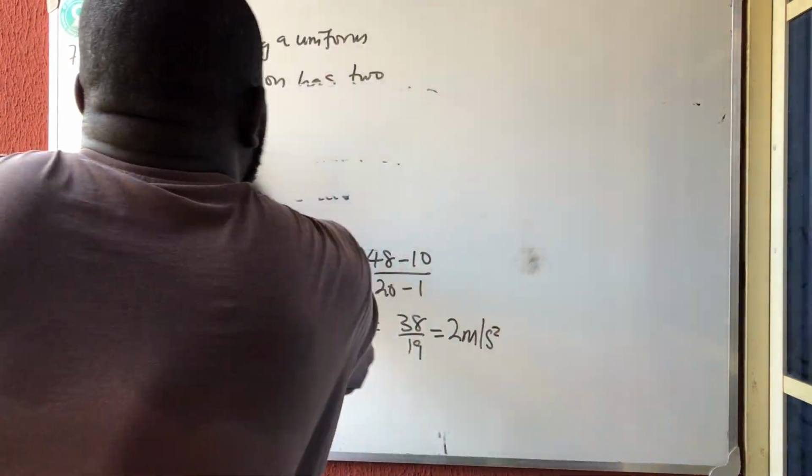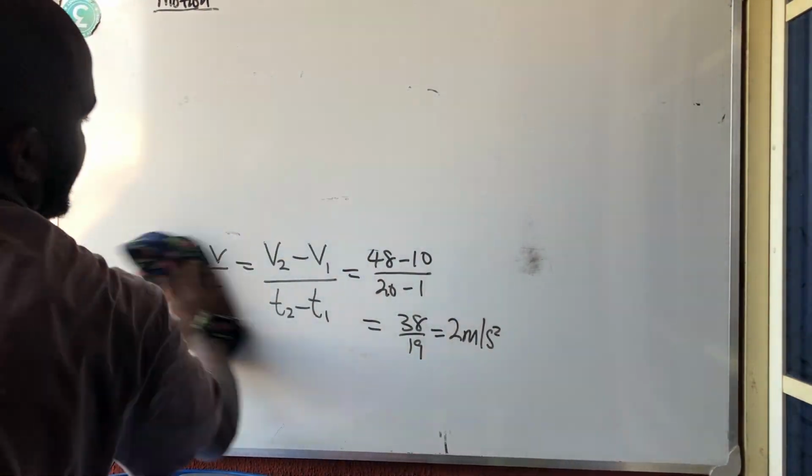The next question, number 8. Let's be fast, so we get to 10 questions and then we move to velocity time graph.